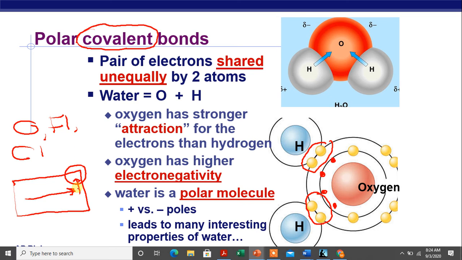So up in the right uppermost corner, those are the most electronegative elements. So it's going to be important to just keep a reminder to yourself of where those are.